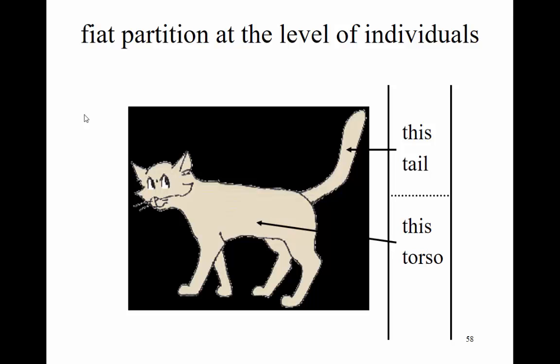It's just like the distinction between the torso and the tail. But the surface area of the boundary between the tail and the cat is 100% of the area of the tail along that dimension.